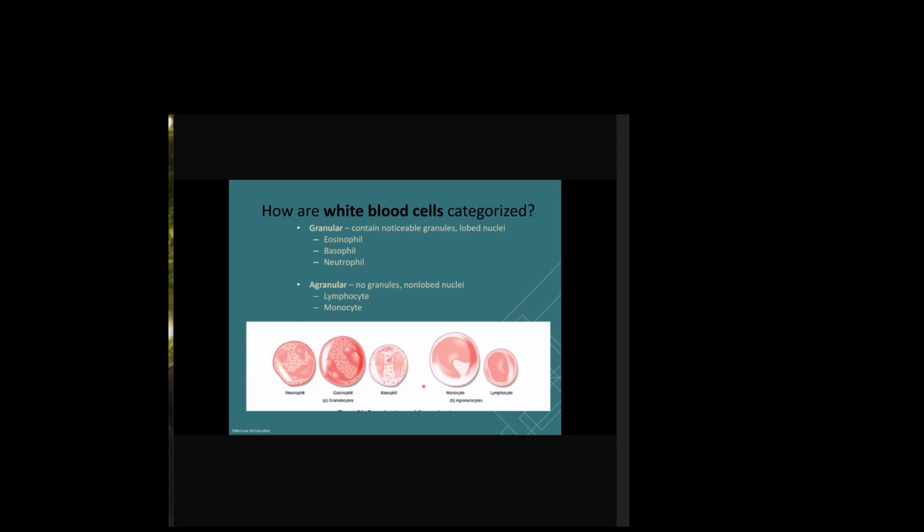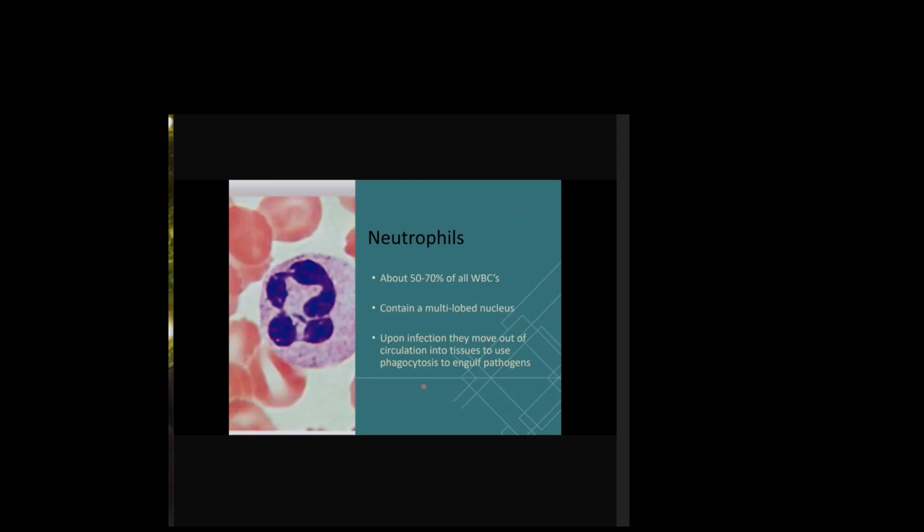The neutrophils have granules, and they make up about 50 to 70% of all of the white blood cells. They have a nucleus, but it's kind of funky. It's almost like a sausage that is connected together, so they're kind of lumpy in lobes.